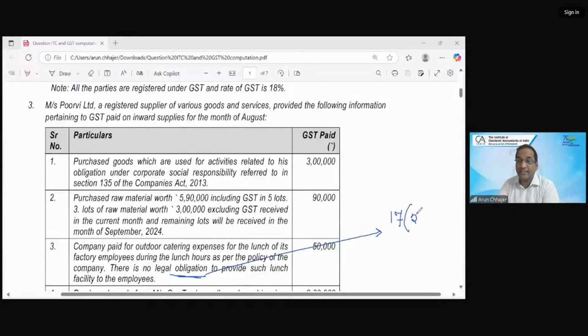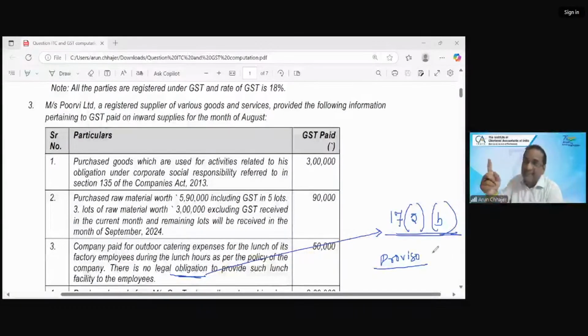If we read 17 subsection 5 clause B का proviso says that if it is compulsion to provide by the employer to the employee under any law for the time being in force, अगर किसी लॉ के कारण ये कंपल्सरी है देना, तब तो आईटीसी मिल जाएगा. Example Workmen Compensation Act, example Factory Act, example any other law. कोई भी गुड्स या सर्विसेज अगर ये देना जरूरी बन जाता है, if it is necessary to provide to employee because of any other law for the time being in force, आईटीसी मिल जाएगा.